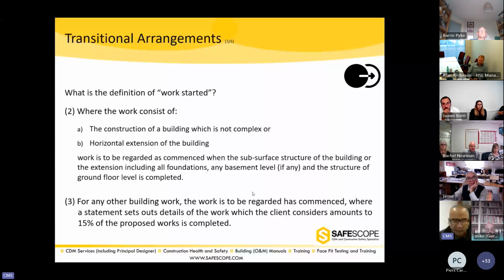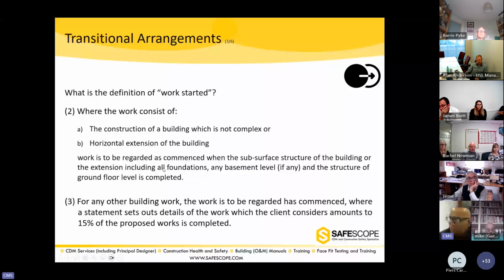That's where I would say the work has started. Or for any other building work, the work is regarded as commenced where a statement sets out the details of the work which the client considers amount to 15% of the proposed work being complete. Then we can say the work has started.